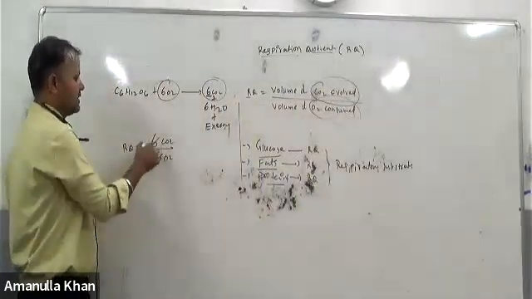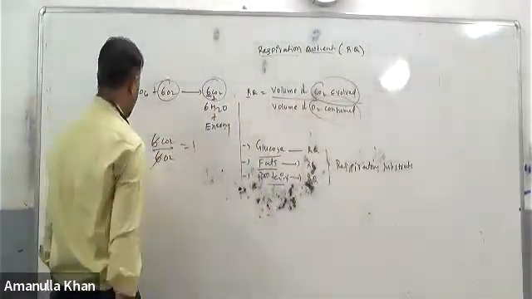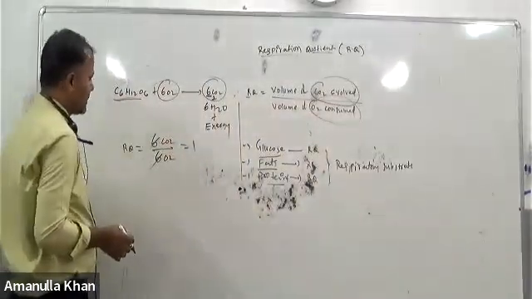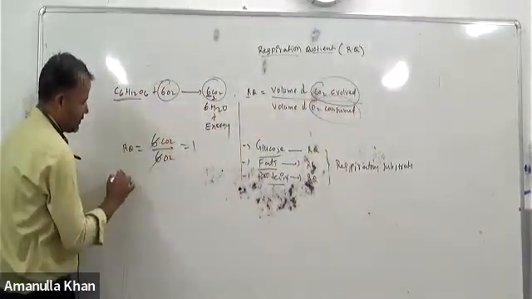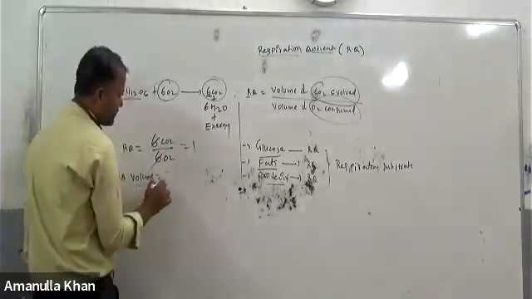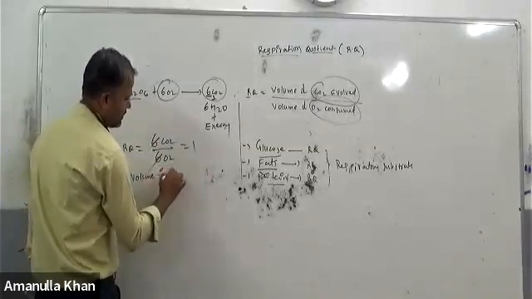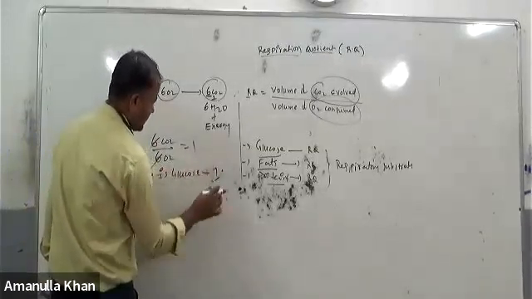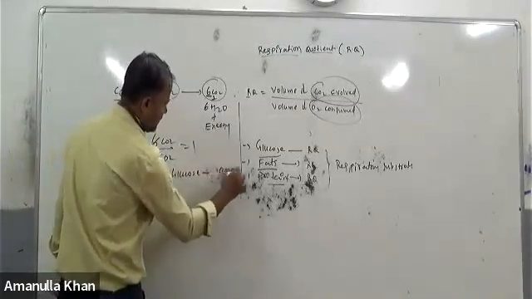So 6 by 6 is 1. The RQ value of glucose is 1.